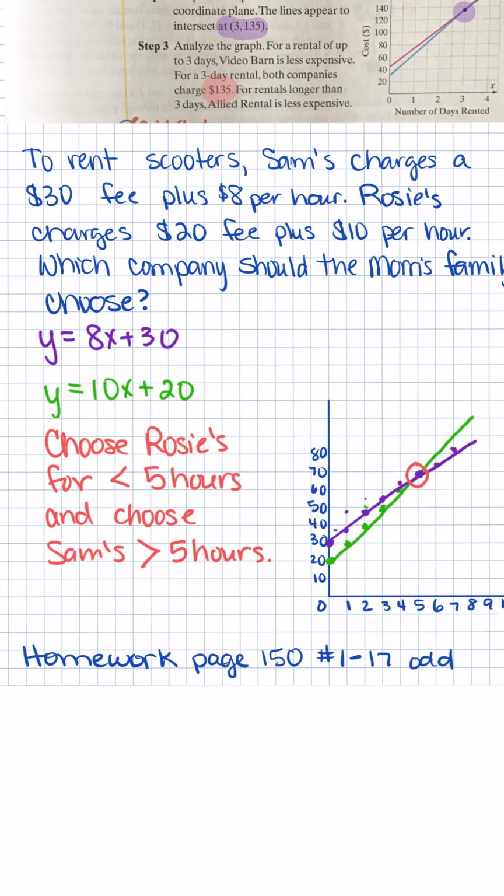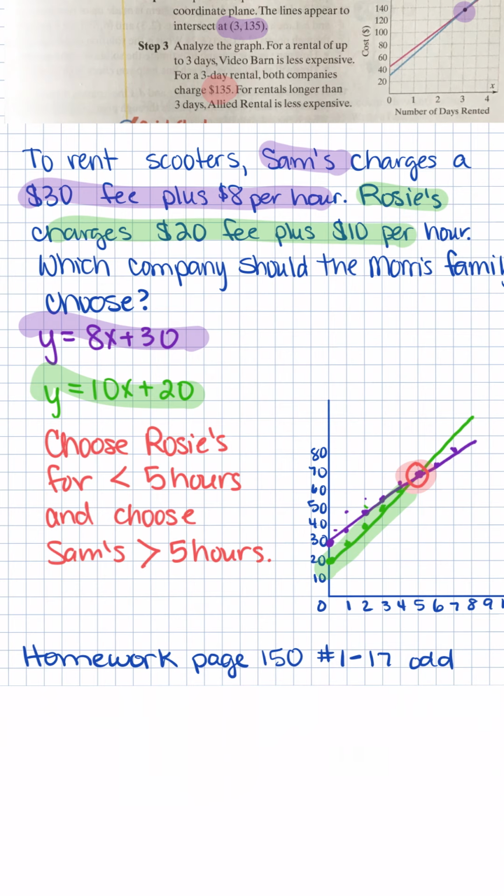Okay, so when you graphed these two, you should be able to see. So Sam's is this first equation, Rosie is the second equation. And so really, Rosie's is a better deal up until the point where they cross, and that's going to be at 5 hours.